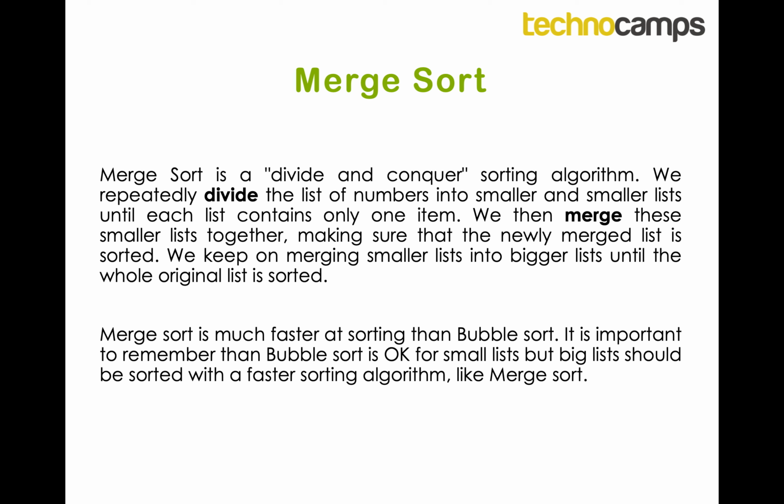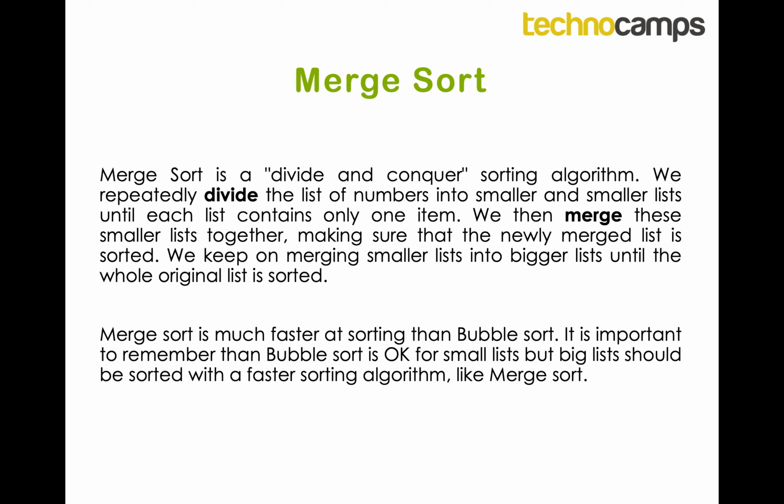So imagine doing that for around 10,000 numbers or even a million numbers. It's going to take a lot of time and processing power too. So we move on to merge sort, which employs a divide and conquer technique to do your sorting.